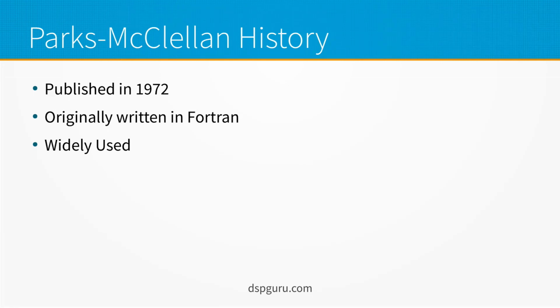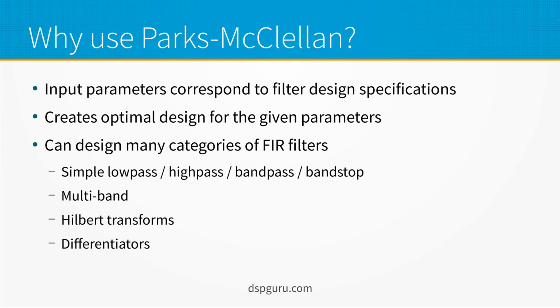The algorithm was published in 1972 by James McClellan and Thomas Parks in Fortran, and has since been ported to lots of other languages. It's widely used for designing FIR filters, kind of the gold standard for that purpose in digital signal processing.